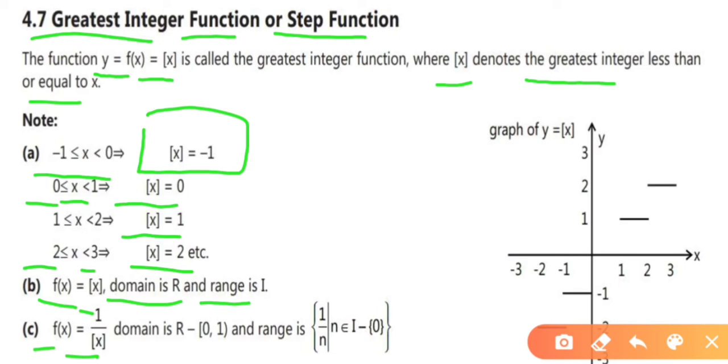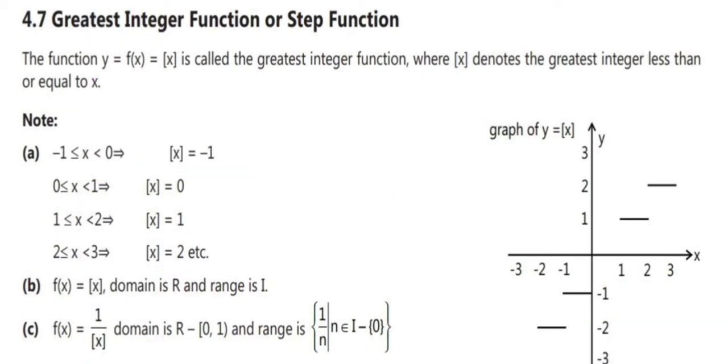The domain is R minus [0, 1), a closed interval including 0 and excluding 1, where on the 0 side a square bracket is there and on the 1 side a normal bracket is there. The range is 1 upon n, such that n belongs to I minus 0. The graph is also shown here.